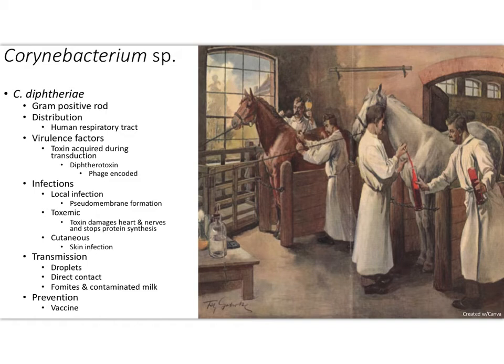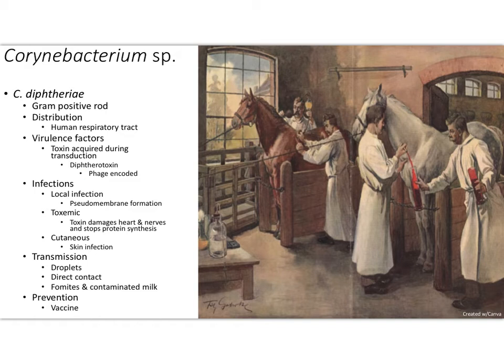It can just be part of the normal bacteria that's carried in human bodies as it always is. And it's not a problem until it gets infected with a bacteriophage and starts producing something called diphtheria toxin. So it says phage encoded, which just means the bacteriophage contains the genes for that toxin. And when the bacteriophage infects the bacteria, it gives the bacteria the ability to create this toxin.